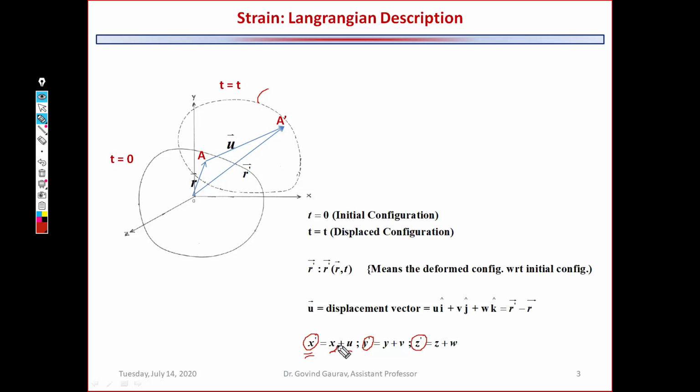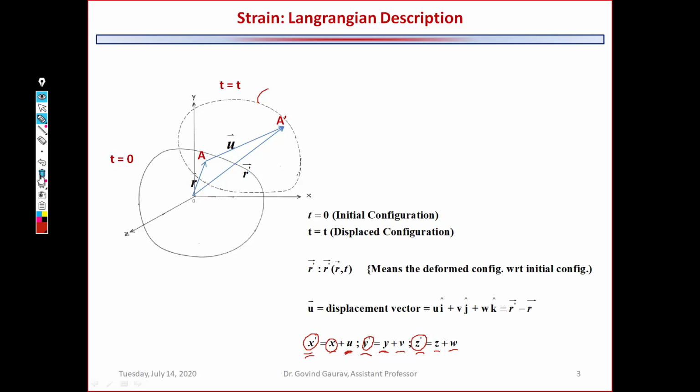Here x represents the initial state at time t is equal to 0, and it has undergone a displacement of u in the x direction. y dash is equal to y, the initial coordinate, plus v, the displacement in the y direction. Similarly, z dash is equal to the initial coordinate plus the displacement in the z direction.